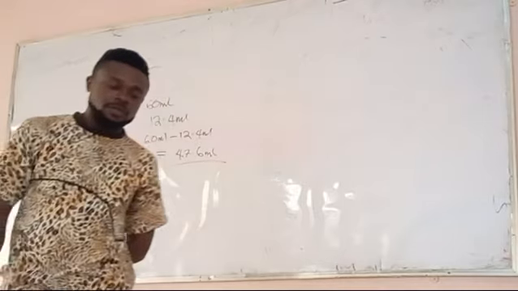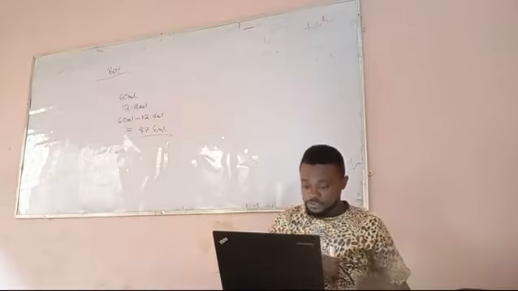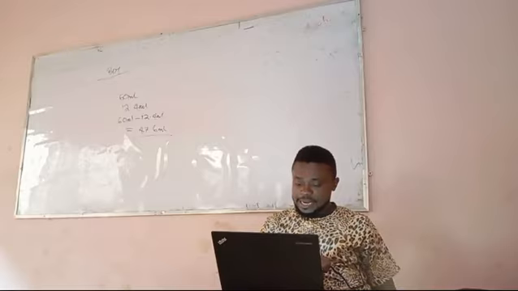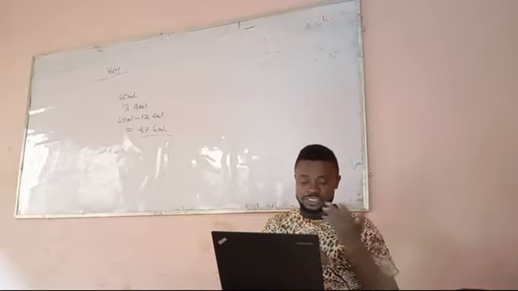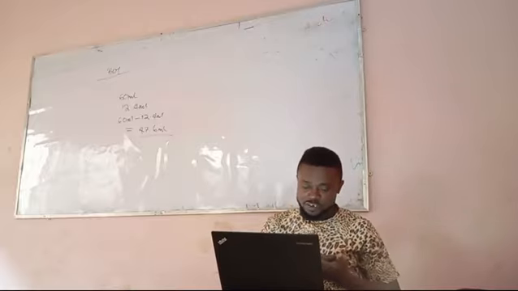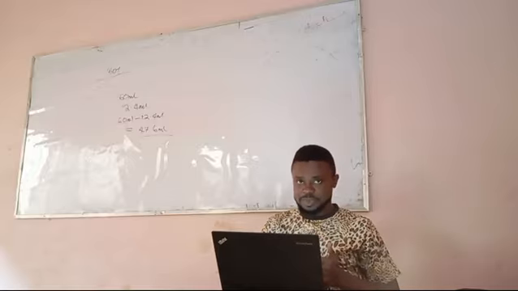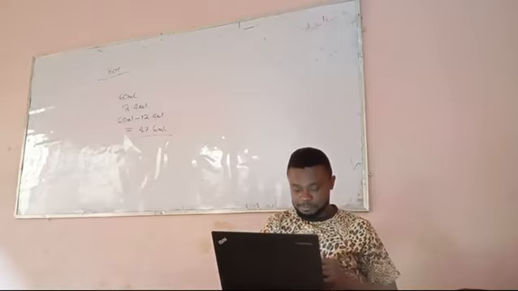That is the volume of water that should be added to achieve the final concentration. So we have option A 12.4 ml, option B 37.6 ml, option C 47.6 ml, option D 60 ml. So the answer is option C, 47.6 ml.